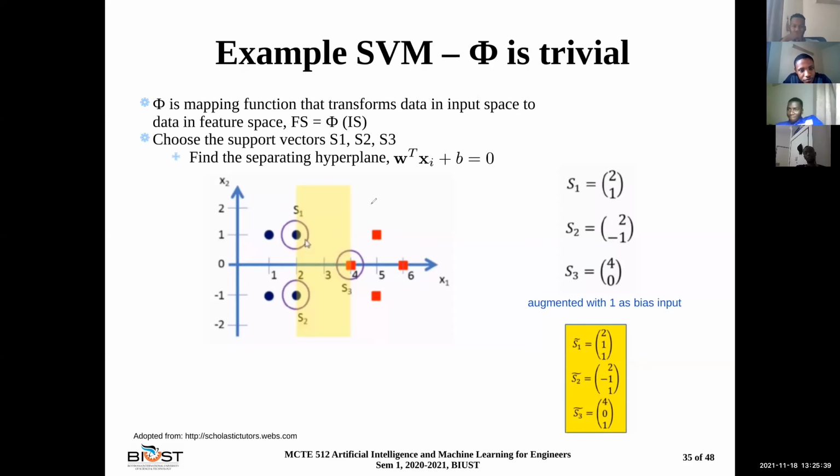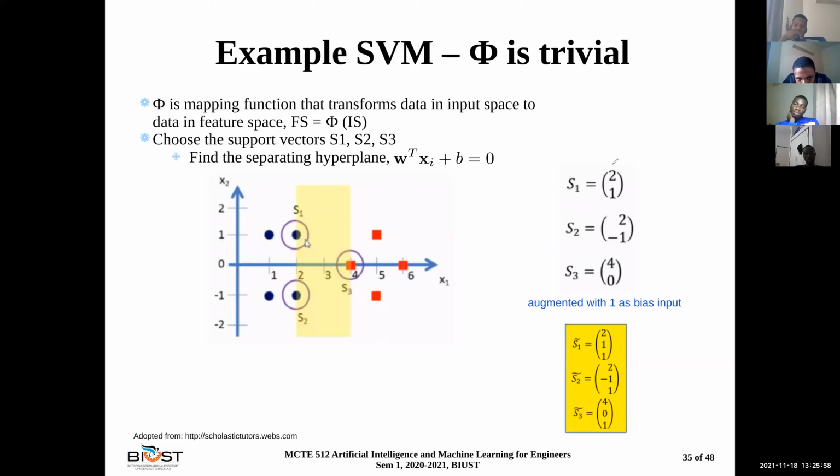From last time, our example, because we're considering the bias, we augment the input with our bias. So this is a two-dimensional space. We already know that to include the bias information, we add it as the last component of our data.